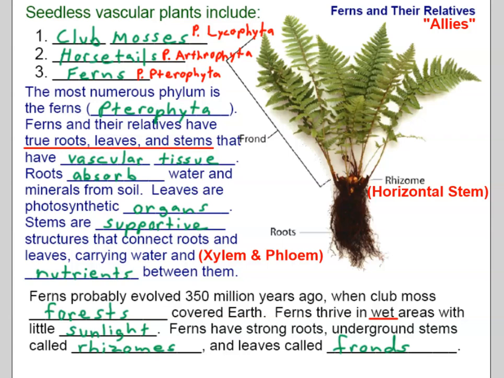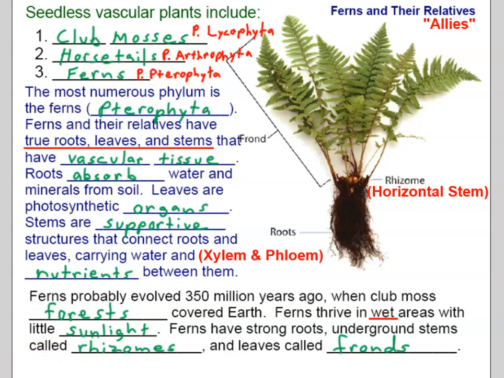Just like the seedless non-vascular plants, the mosses can be referred to as bryophytes, using one of the dominant phyla as a way to describe the whole clade. It's the same for the seedless vascular plants here. The whole clade can be referred to as the Pterophytes, based on the phylum name of the ferns.